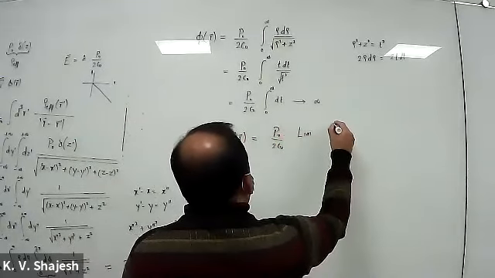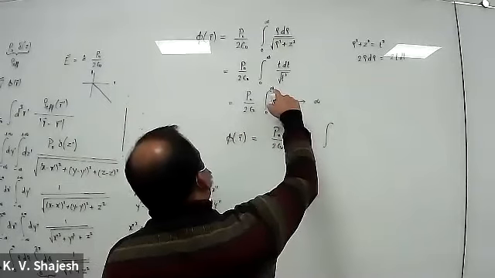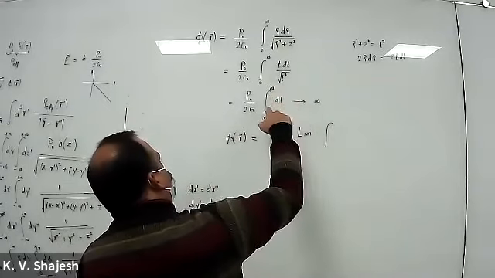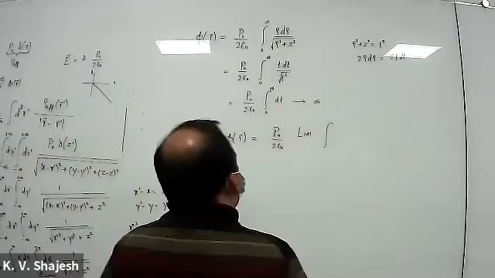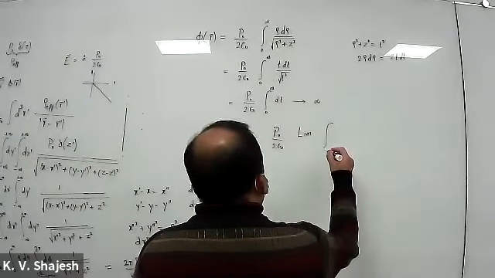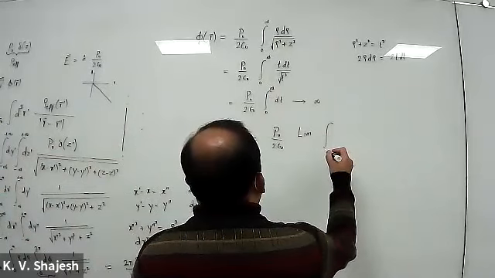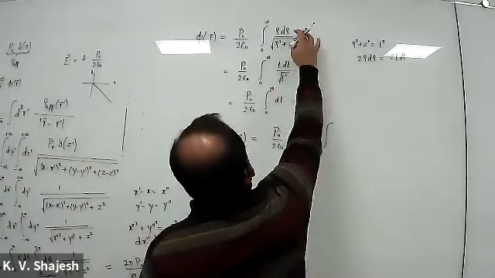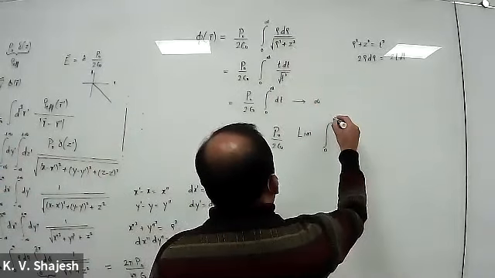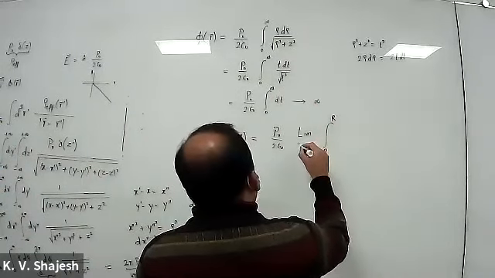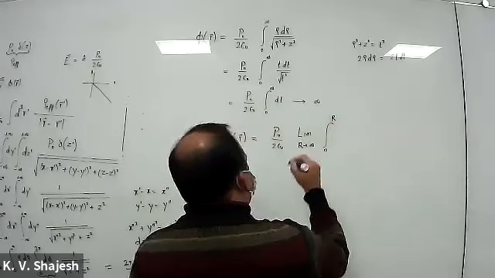Let's say that you don't go all the way, because infinity is the cause of the problem, stretching all the way in the material. So let's limit the radius of rho. So this is 0 to some large radius R, and I want to take the limit of R tends to infinity.